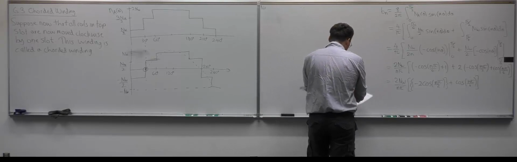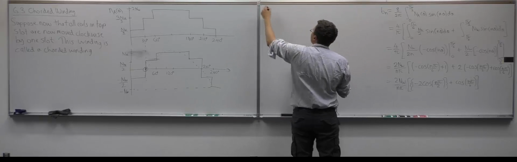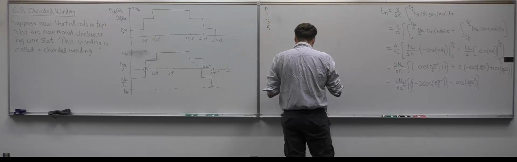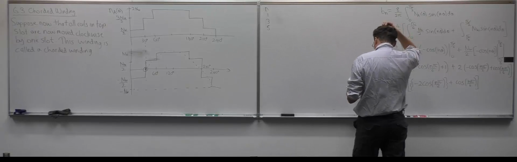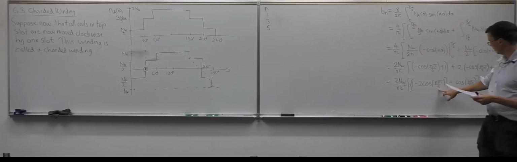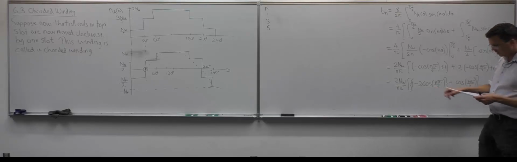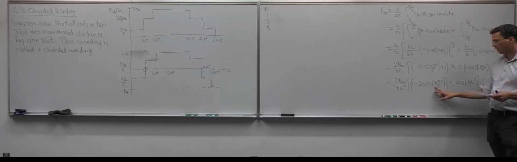Now if we just look at the first term, let's look at a couple of values. This cosine n pi over 2, what's that going to be? For n equals 1, it's going to be 0, right? And for n equals 3, it's going to be 0, n equals 5, it's going to be 0.